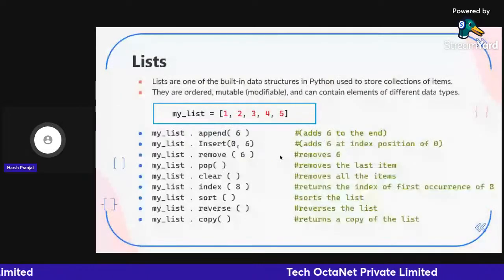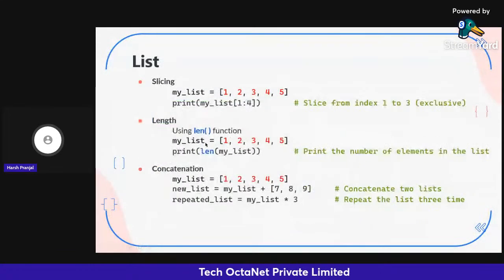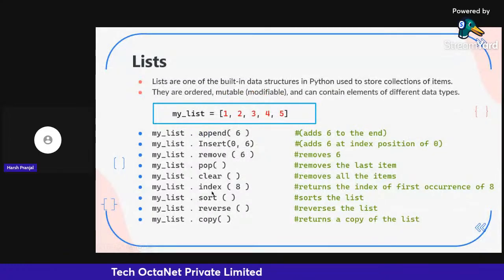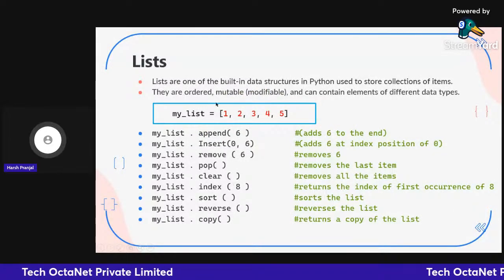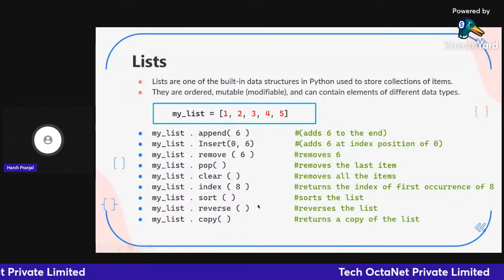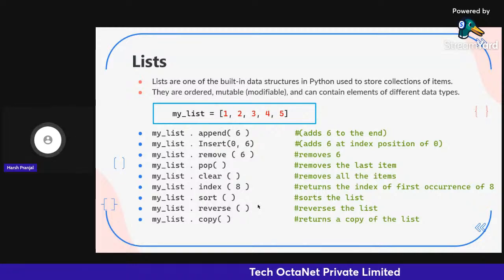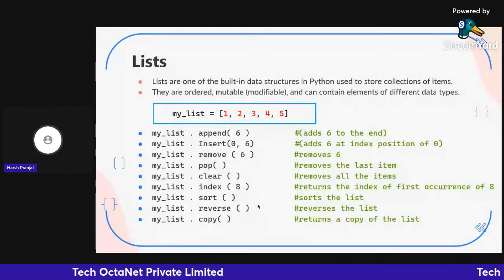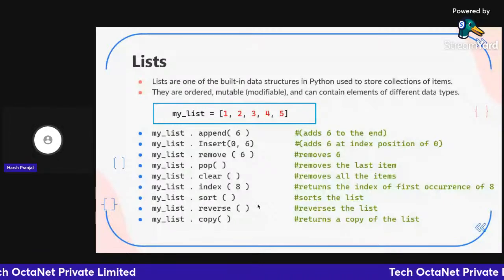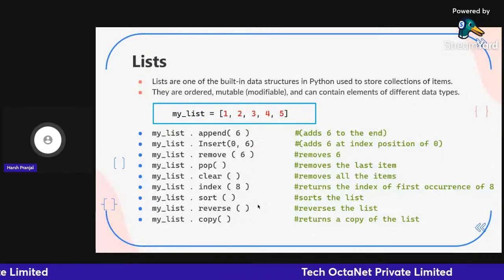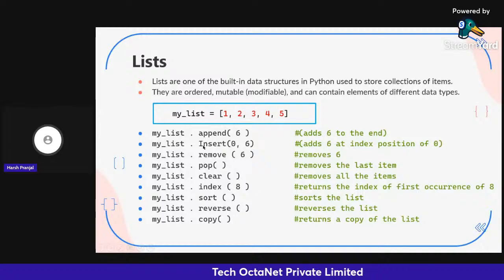See, these many you have. These are different methods in list. What are methods? We have seen that there are some predefined codes. We have seen the sum function; by using sum you can sum each and every element of the list. So these are some list methods.